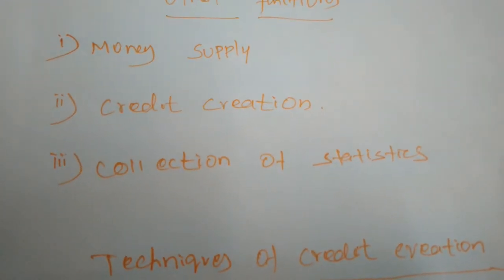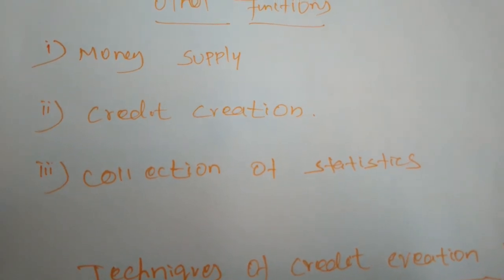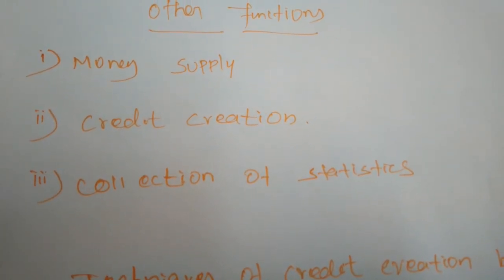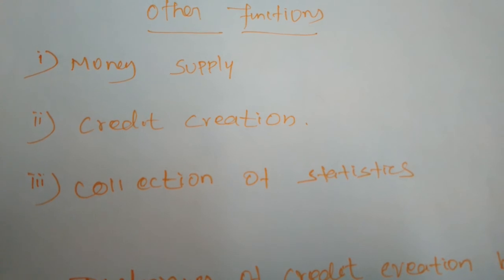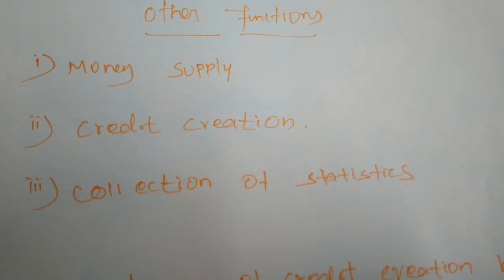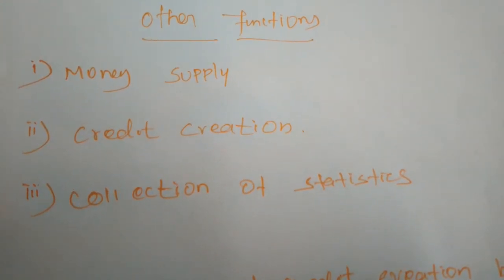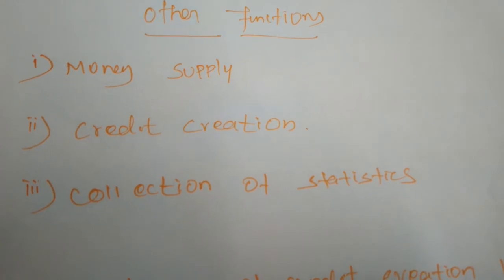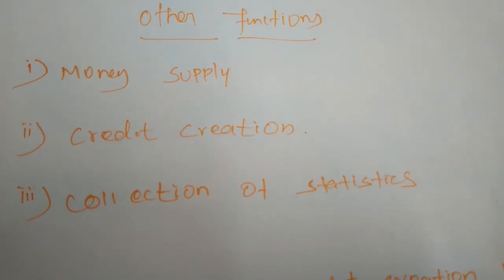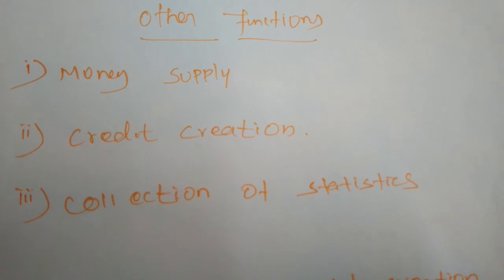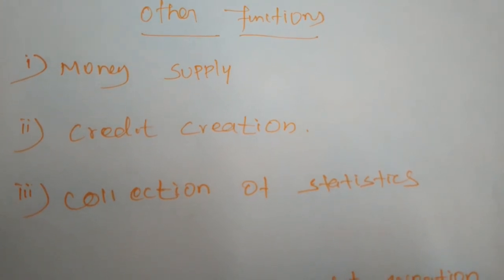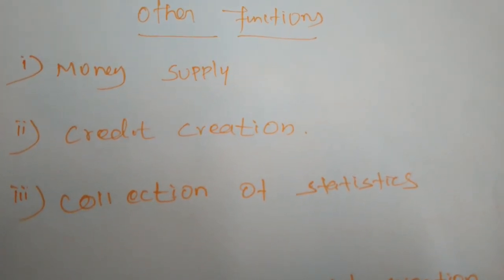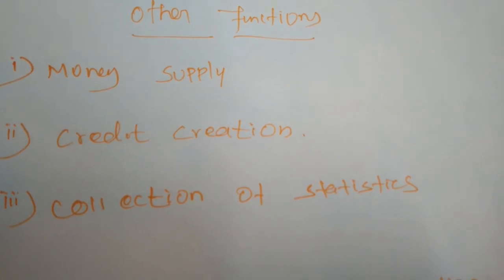Next, credit creation. This is also the same. Credit creation means the multiplication of loans and advances. The commercial bank receives deposits from the public and uses these deposits to give loans. However, the loans offered are many times more than the deposits received by the bank. This function of the bank is known as credit creation.